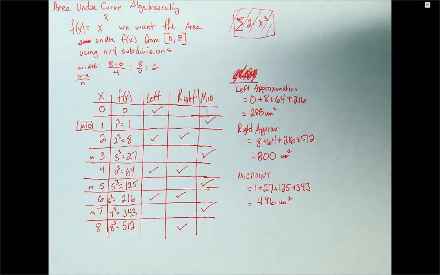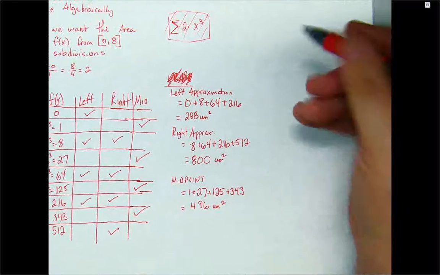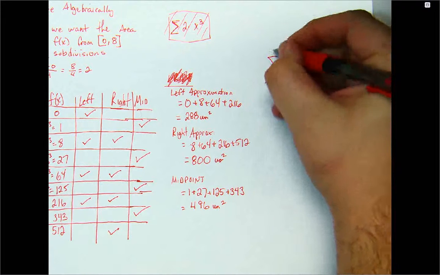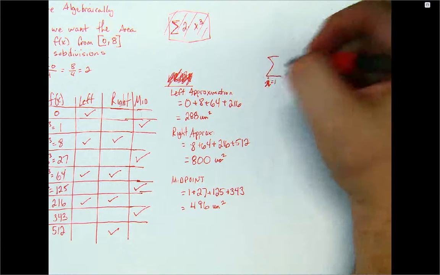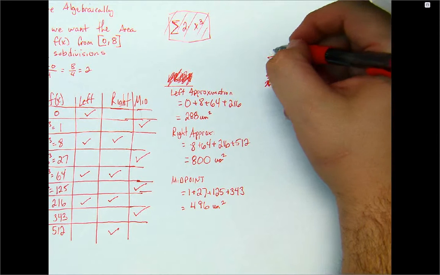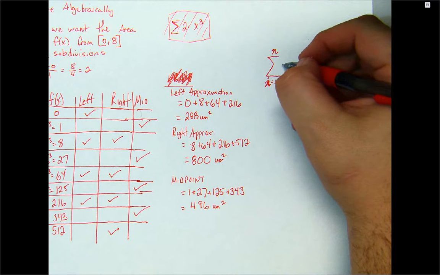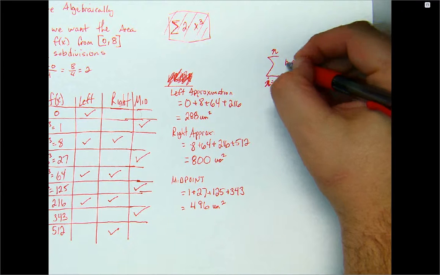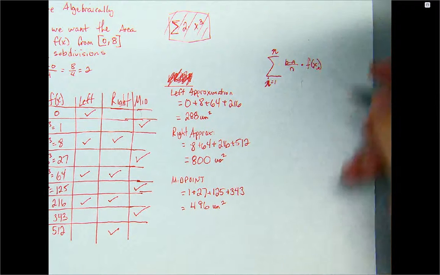Now, this is what's going on, and this is where we're headed. It's the summation of i equals 1 to n of this.